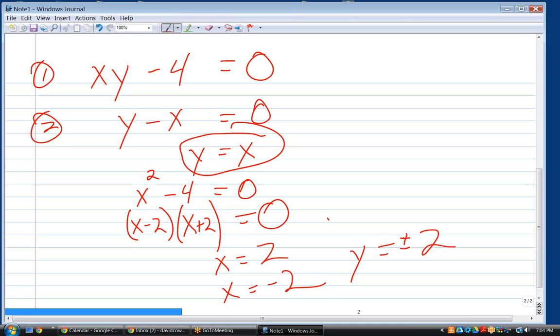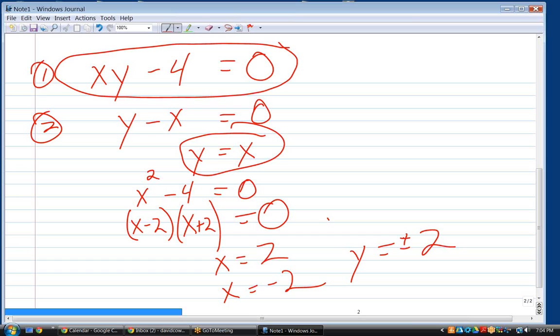This is a little unique. What are the actual solutions? 2 and negative 2. Well, notice that this equation here is not true if x is positive 2 and y is minus 2.